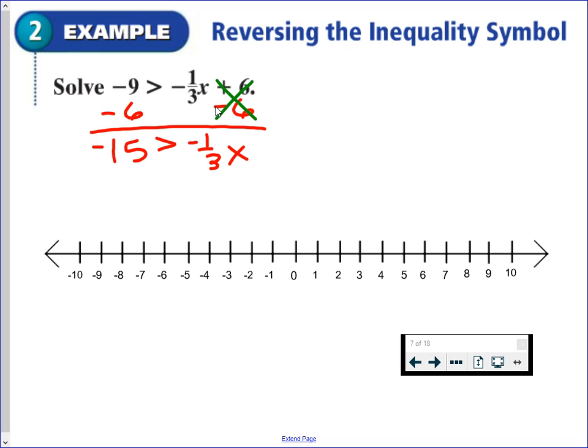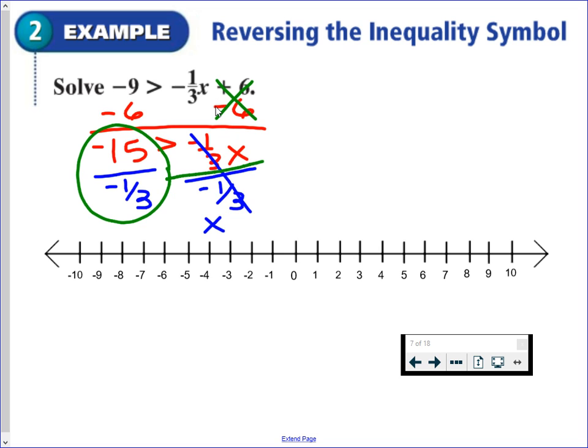Zach, what do you think our next step should be? Divide. Uh-oh. I need more room for a thought box over here.